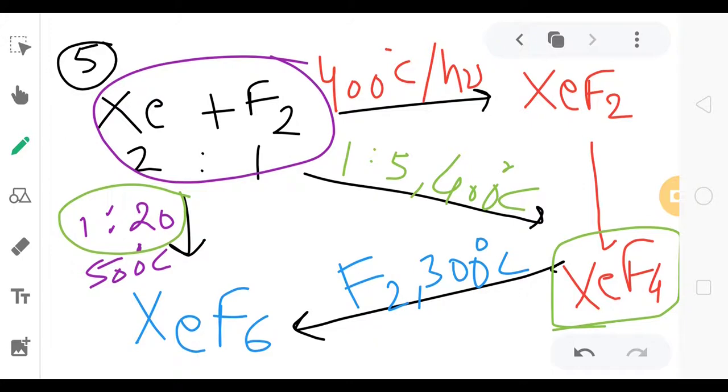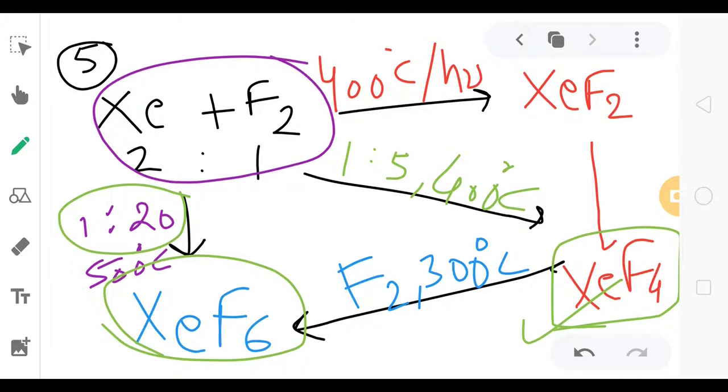That means you have decreased the concentration of the fluorine. That is why you are getting less fluorine in your desired product. Here you were getting 6 fluorine atoms in your product, but now you are getting 4 fluorine in your product. Am I clear or not?